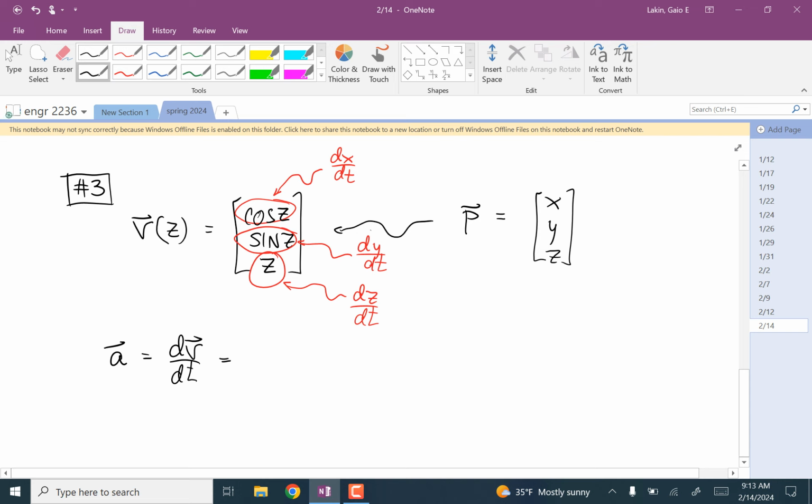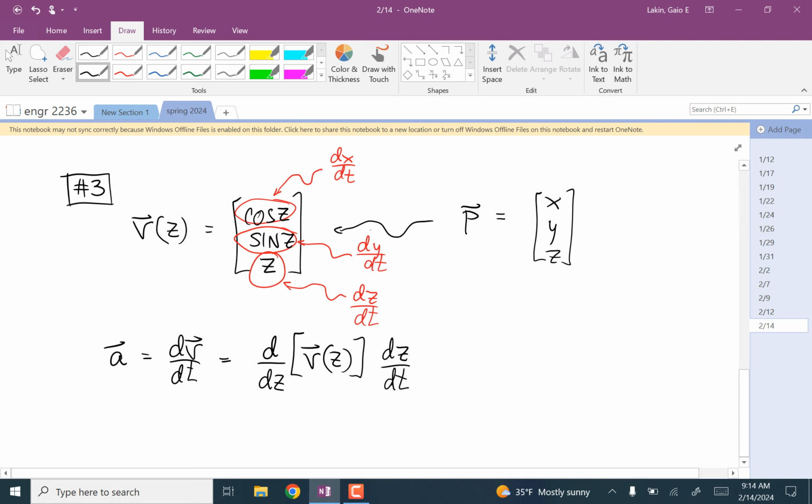But since we don't have v as a function of t, we're going to have to use the chain rule. We have v as a function of z. So you can think of this as d dz of this function v of z, and then times dz dt.